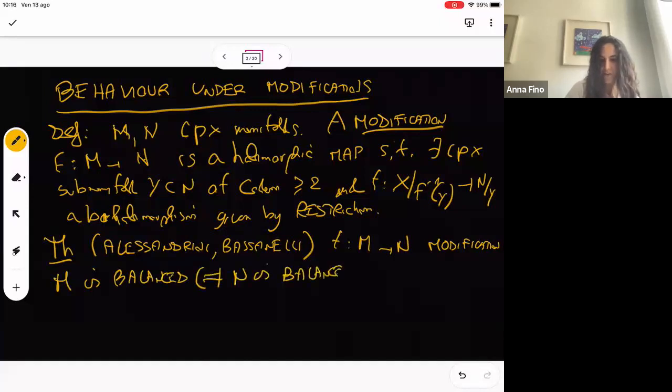So the modification preserves the balanced condition.